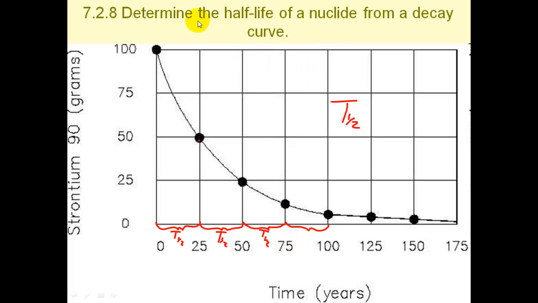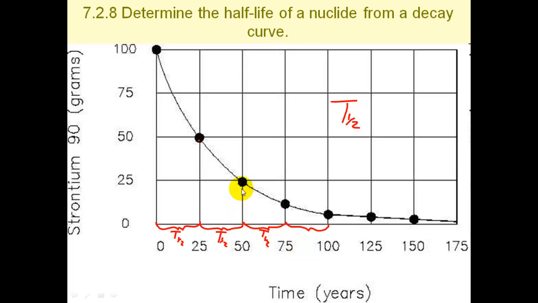We have to be able to determine the half-life from a decay curve. We start off at 100, and it halves, and that takes 25 years. Start off at 50, the time for that to halve is from 25 to 50 years, which is 25 years. If you go from 25 to half that, which is 12.5, it's between 50 and 75 years from the start.